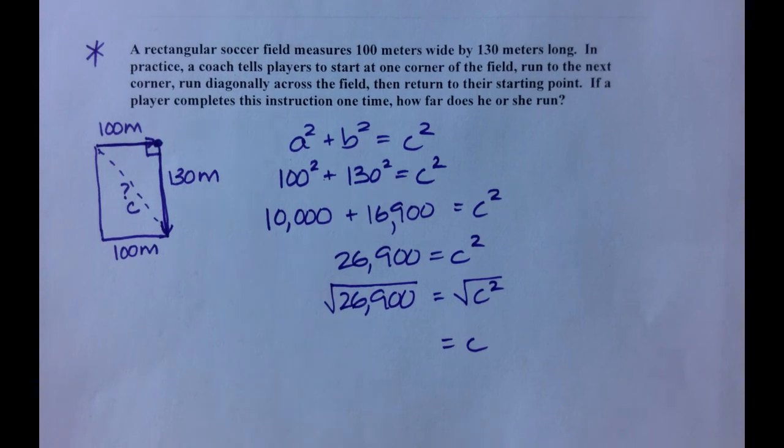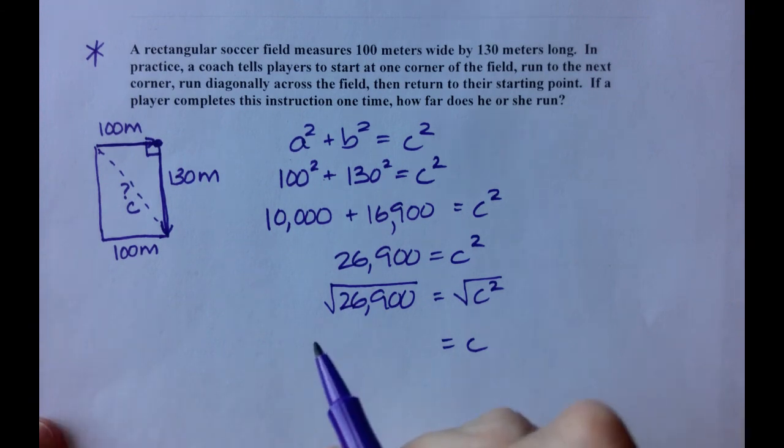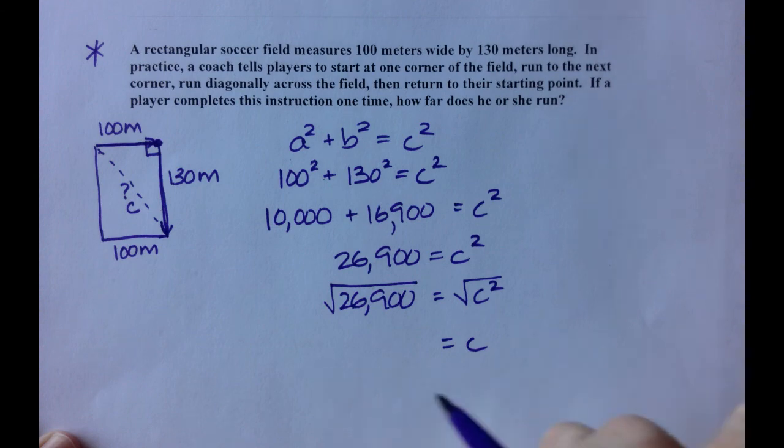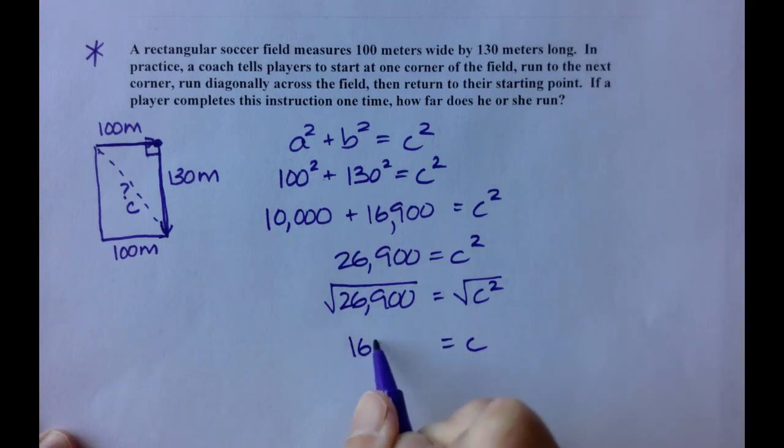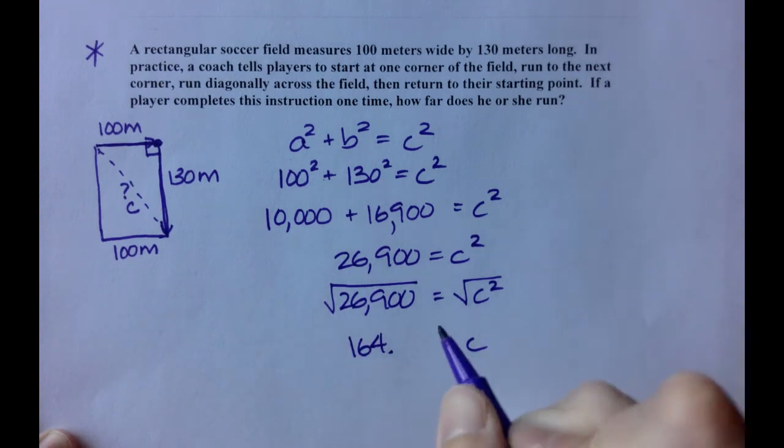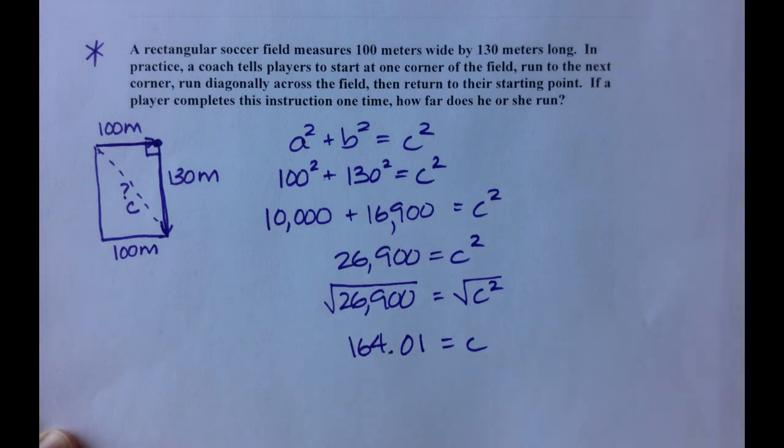I need the square root of 26,900. And that, rounded to the nearest hundredth, is 164.01, and in this case it will be meters.